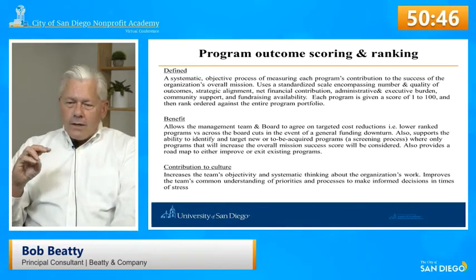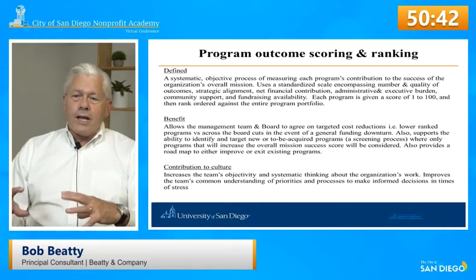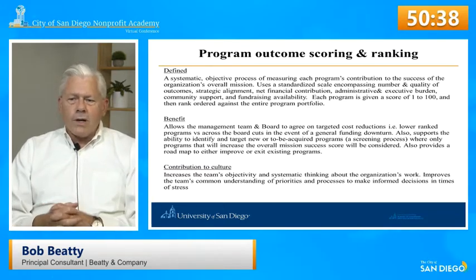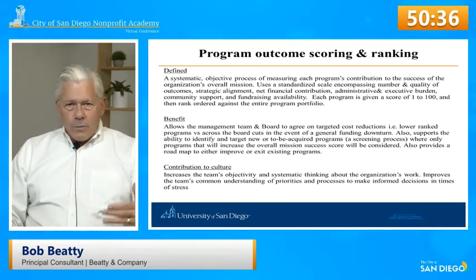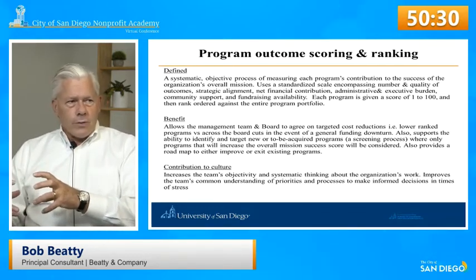The unseen benefit is when you're going to take on a new program, or if you're considering an acquisition of another nonprofit, you can rank order that program, or all the programs of the other nonprofit, against your current situation.